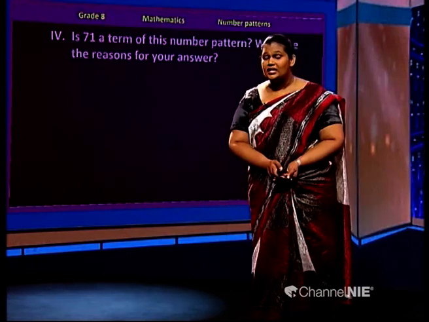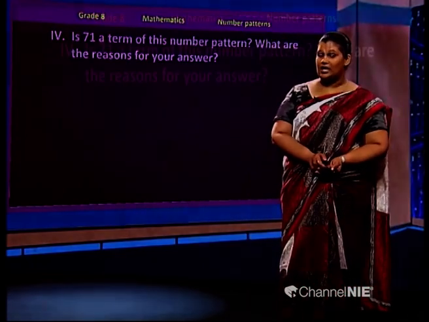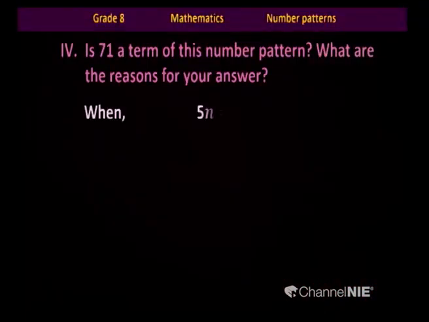Right. Now, here the value is 71. If we are having the value 71 in this number pattern, we should construct this simple equation 5n equals 71. So, if 71 is a value, when we simplify this simple equation, we should get a positive integer or else a whole number as the answer for n.